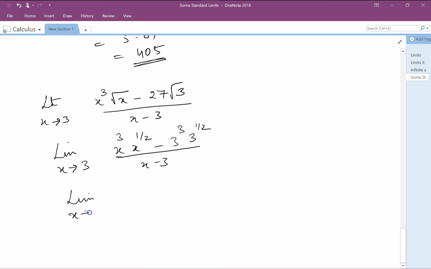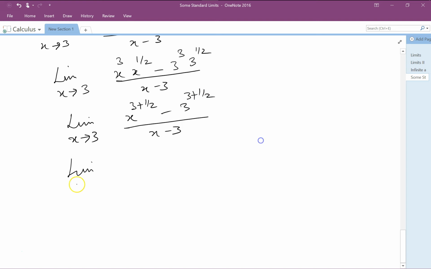Limit as x approaches 3. This becomes what? X to the power of 3 plus half minus 3 to the power of 3 plus half by x minus 3. So limit as x approaches 3 becomes x to the power of 7 by 2 minus 3 to the power of 7 by 2 by x minus 3.